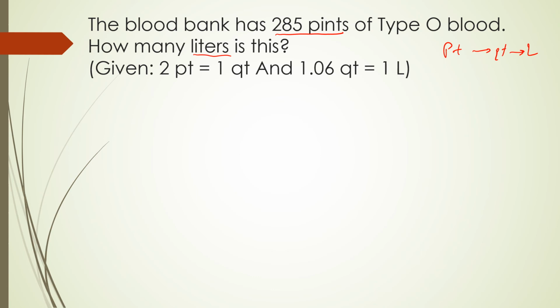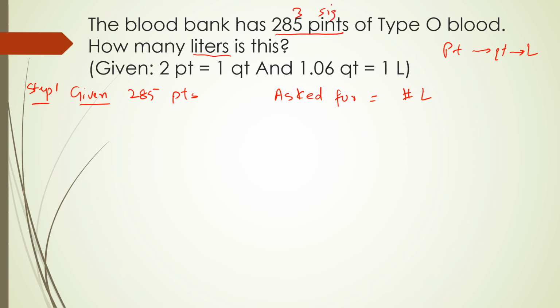So starting with step 1. So step 1 is whatever is given to us and whatever we want to find. So given to us is 285 pints. I'm just going to write PT, and we are looking to convert it into number of liters. And the given value has 3 sig figs.